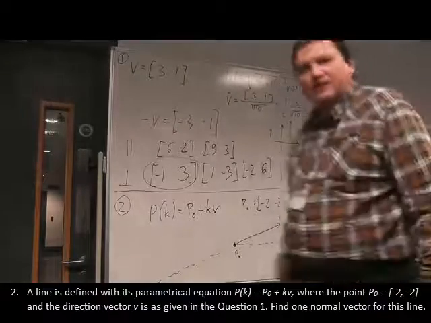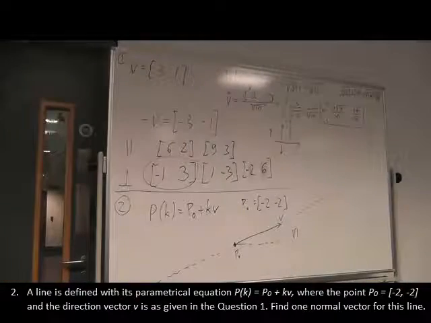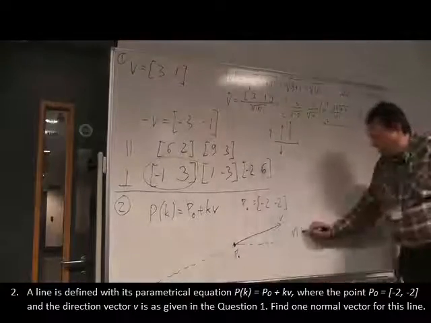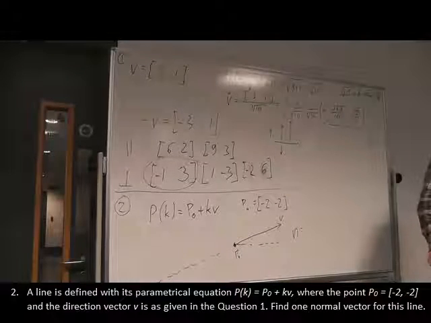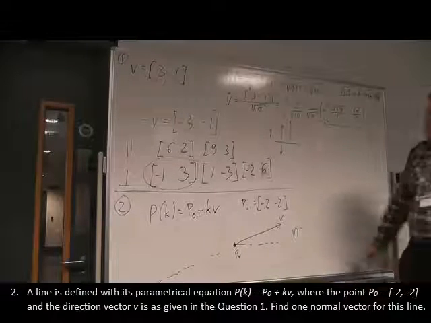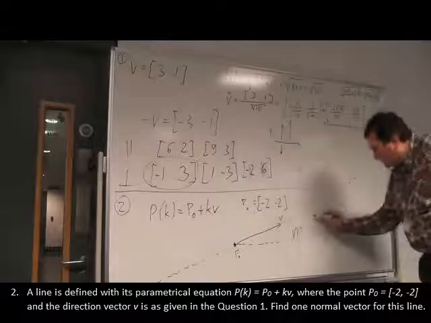I will just check if the camera is recording this. Yes, it is. So my vector n is one of my perpendicular vectors. I will take this -1, 3.